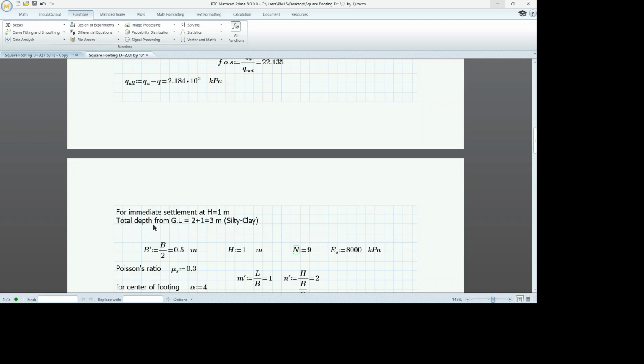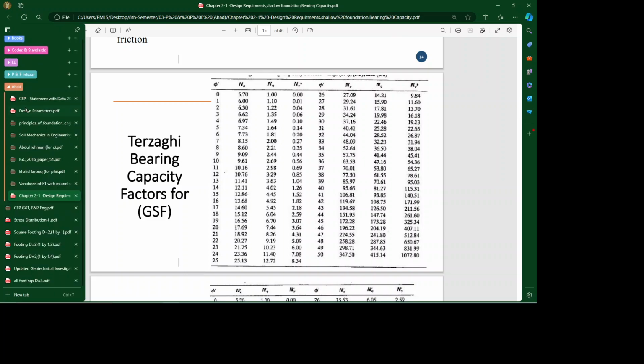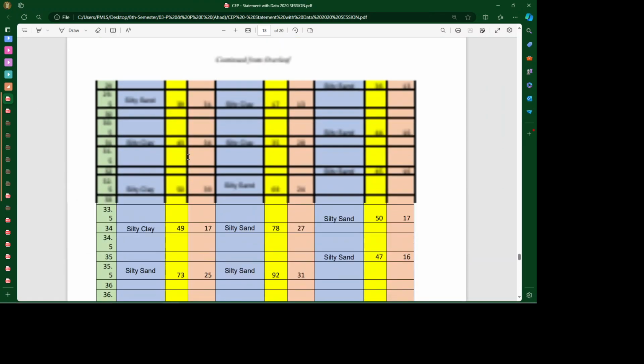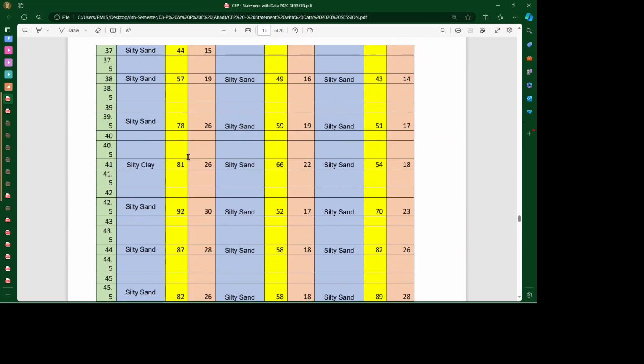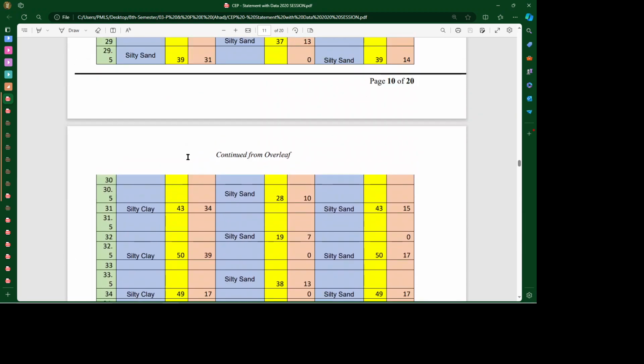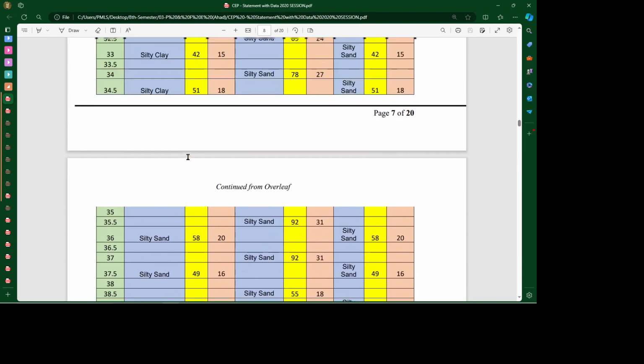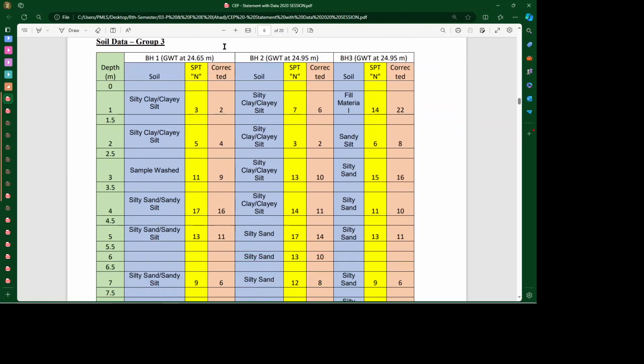It depends on how many soil layers are present below the depth of the foundation. As we have set the foundation at 2 meter depth, we are going to find out the settlement at 7 meter.